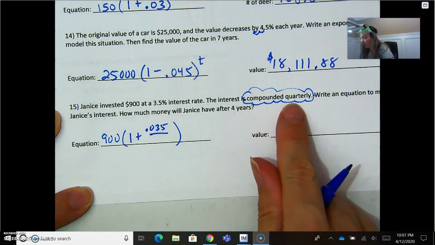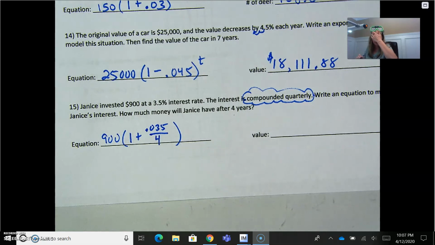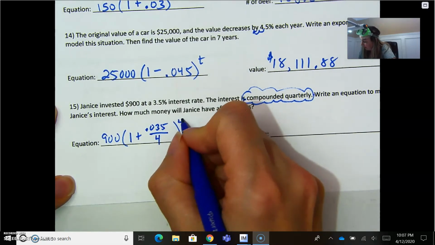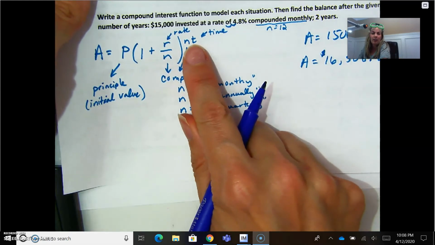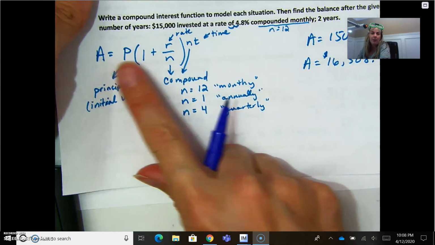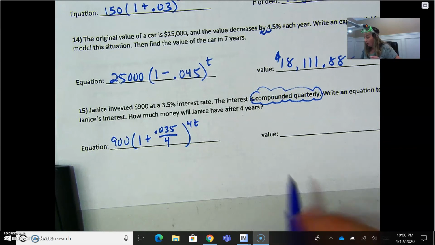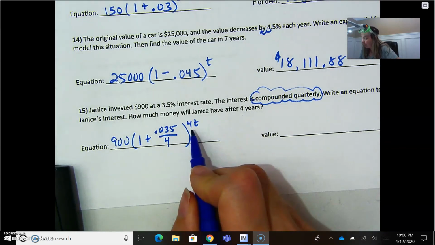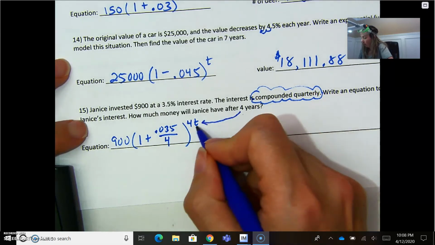We're compounding it quarterly, so that's every 4 months, and then 4t. We leave time generalized. So we have our initial investment, our rate, quarterly, and then time. We want to know how much we'll have after 4 years, so we're going to replace that t with 4.